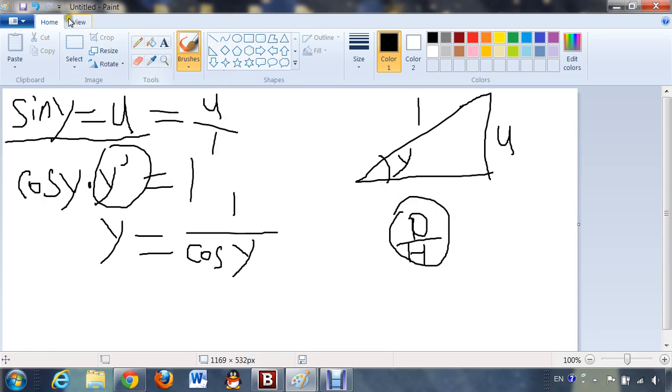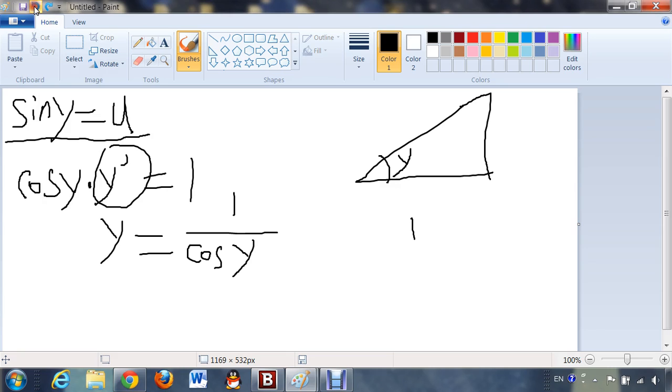Okay, now let me erase that real quick. I'll put this u back here. Now, y prime here is 1 over the cosine of y, but we don't know the cosine of y yet because we only know the sine of this angle.